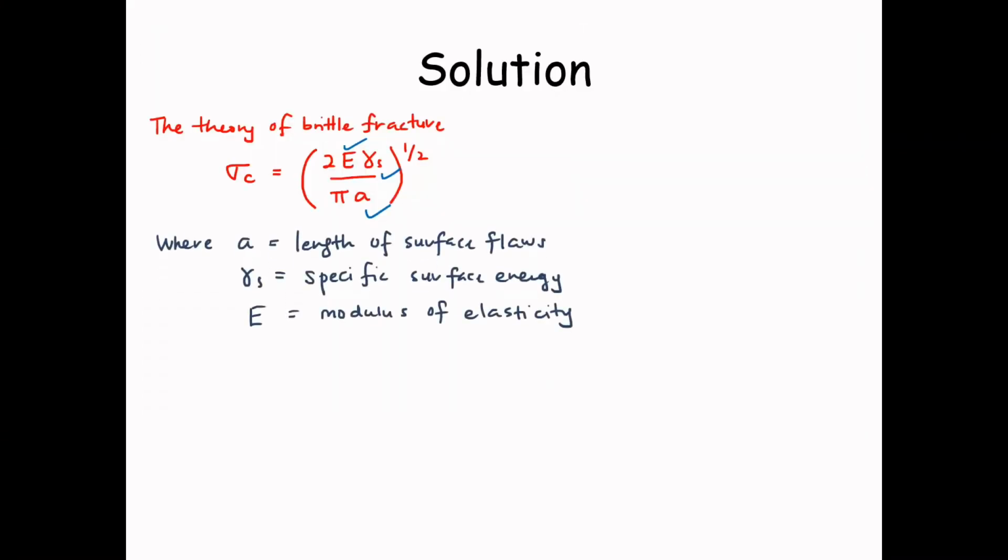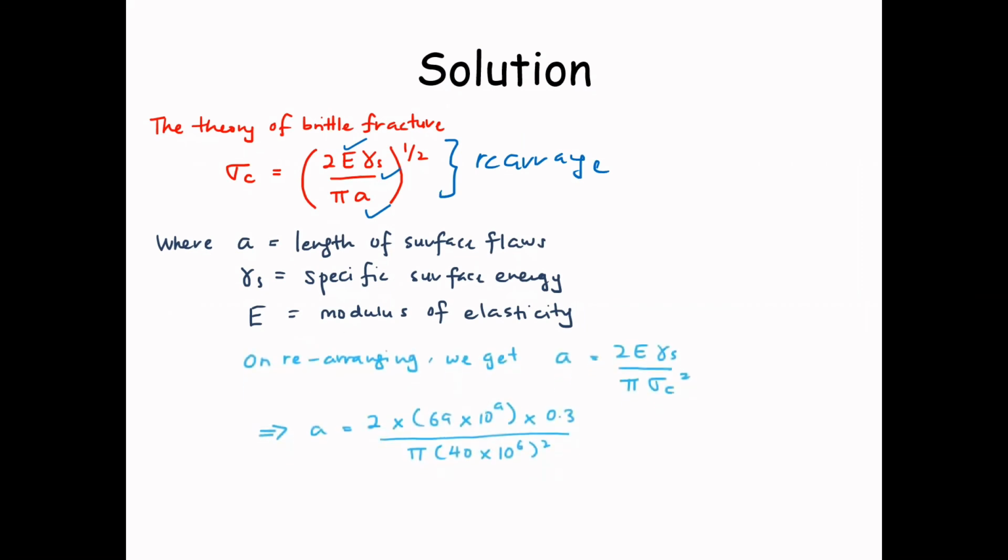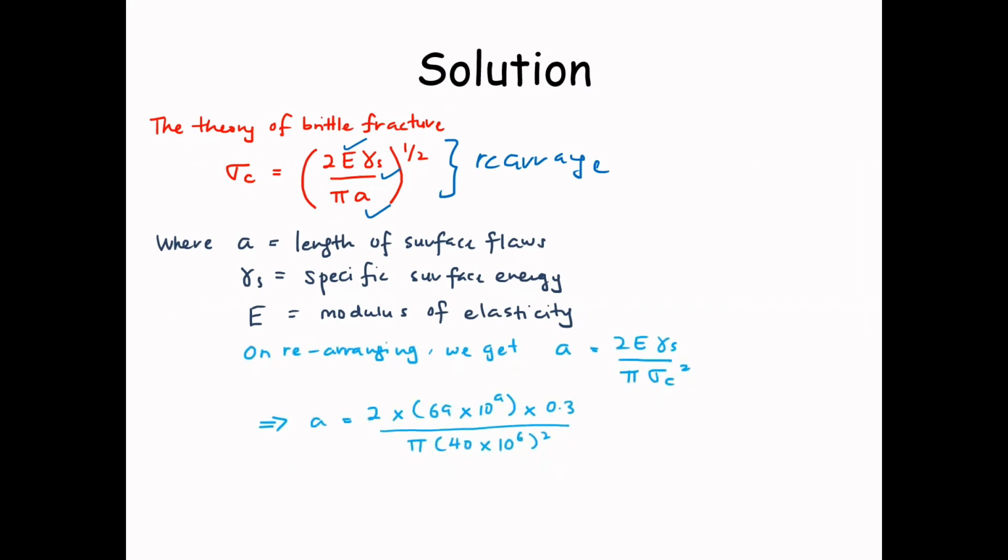So when we rearrange this equation, what we get is A, or the length of the surface flaw, equals 2 times E times gamma S divided by pi sigma C to the power of 2.